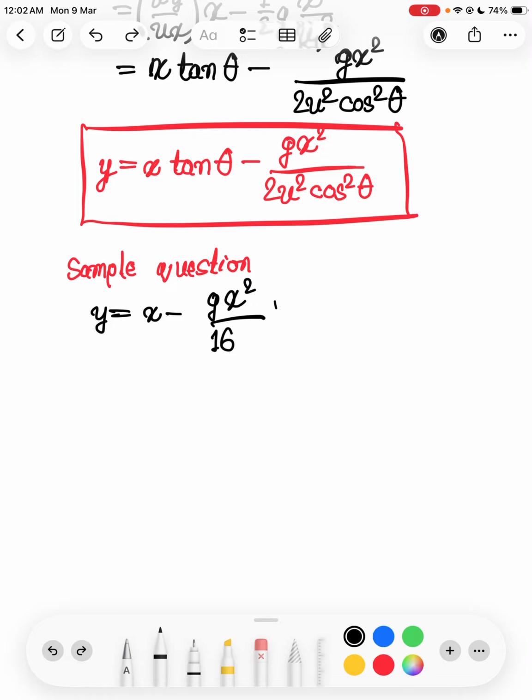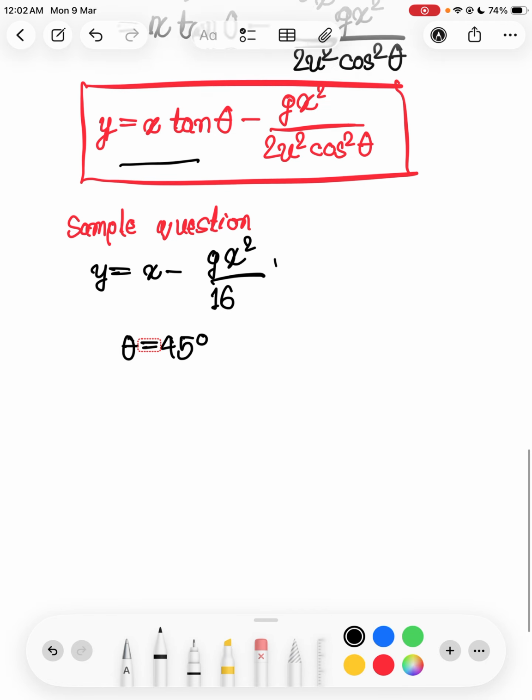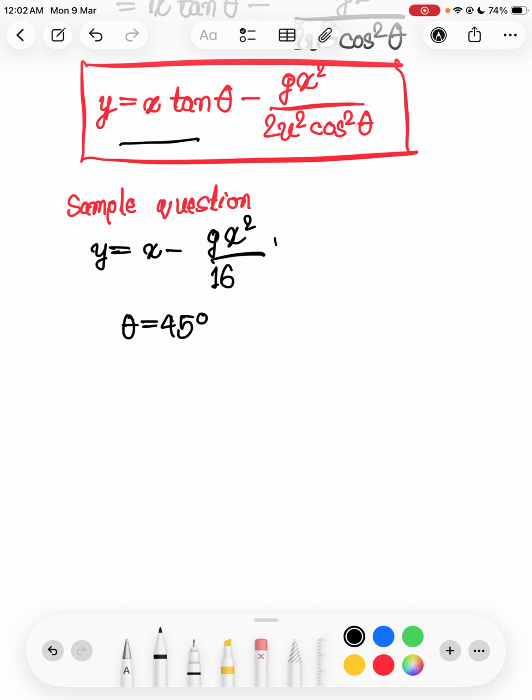So how do you do that? First of all, you can see from the equation of trajectory, y is equal to x tan theta, which directly gives you theta equal to 45 degree. And in the denominator of this g x square, you have 2u square cos square theta.